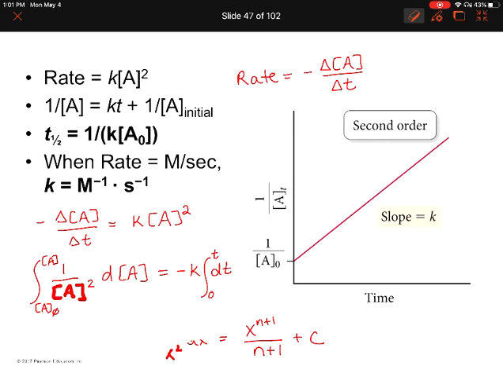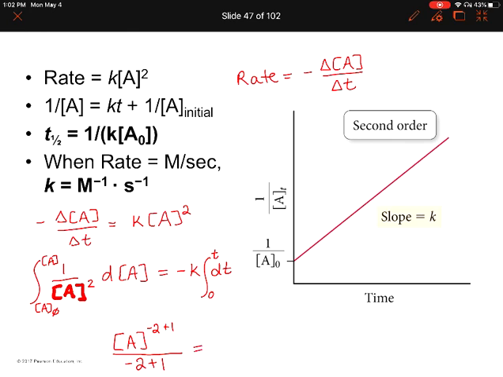So let me just erase this here. Okay, so what we'll end up with is the concentration of A raised to the negative 2 plus 1 all over negative 2 plus 1.